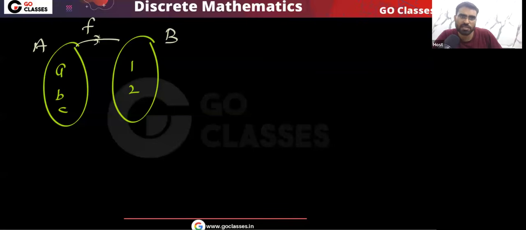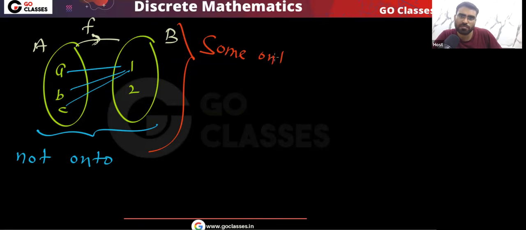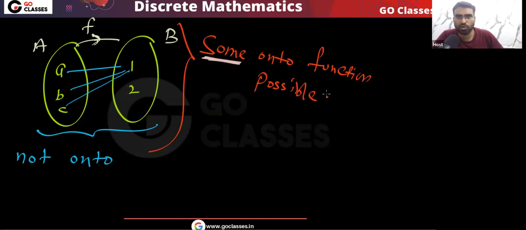This is A, this is B. No, not every function will be surjective. For example, if you have this function, this is not surjective. This is not onto. But remember, some onto function is definitely possible.